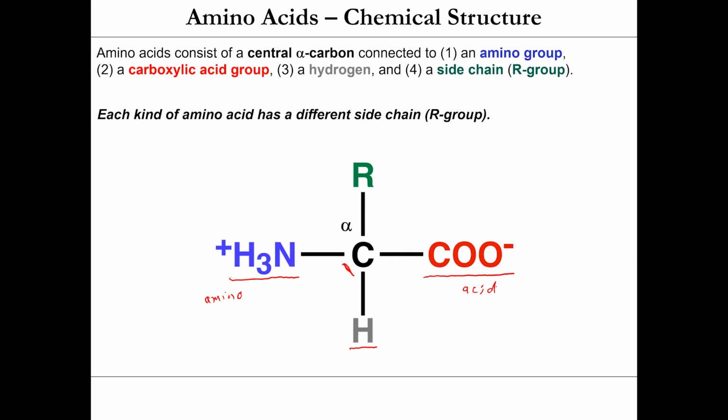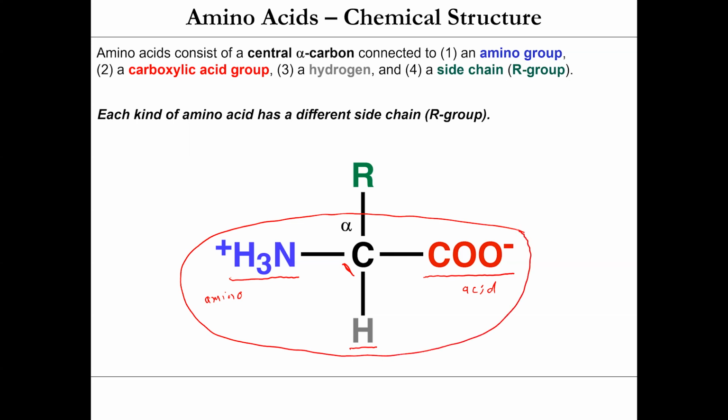And so this region right here with the amino group, the carboxylic acid group, and the hydrogen group are going to be conserved between different amino acids. All different amino acids are going to have this central alpha carbon connected to an amino group, a carboxylic acid group, and a hydrogen.